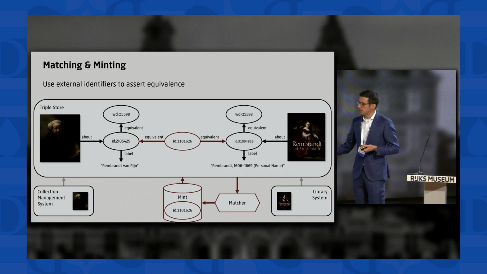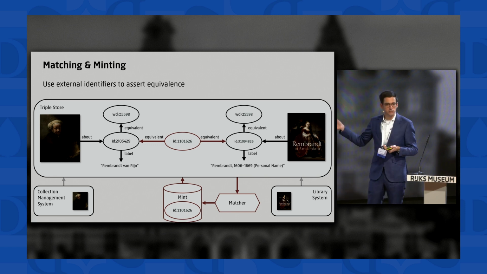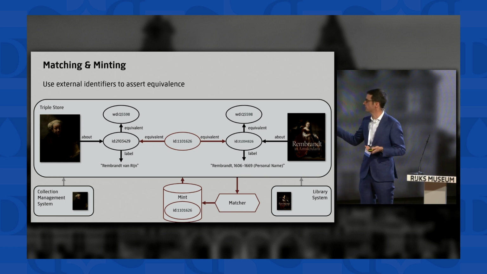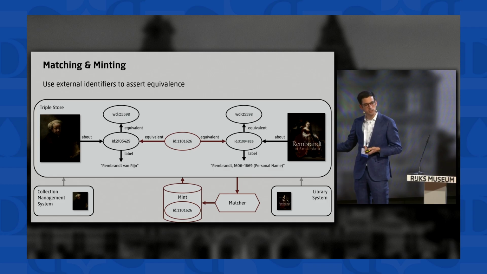What we did is align a lot of the concepts that we have with external identifiers. So we added Getty identifiers, we added Wikidata identifiers, and we created a new loop, which you see at the bottom, that matches those external identifiers so that we know that Rembrandt van Rijn is the same person as Rembrandt from 1606 in the library system.